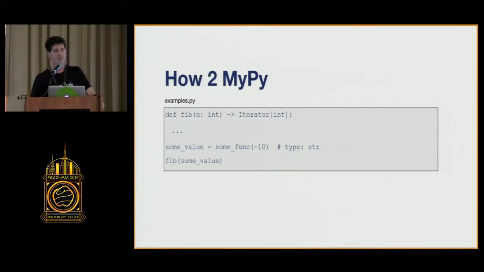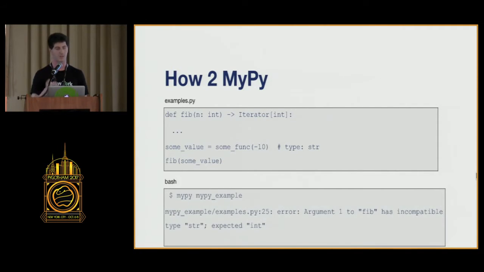So here's another example. Let's say you're calling out to some function that returns a variety of types, maybe a string, maybe an integer, maybe an array. But we know that some func, when called with -10, or whatever we're calling it with in this context, is going to return a string. We can annotate the type of some value with type string in this little comment over here. And MyPy is aware of those.